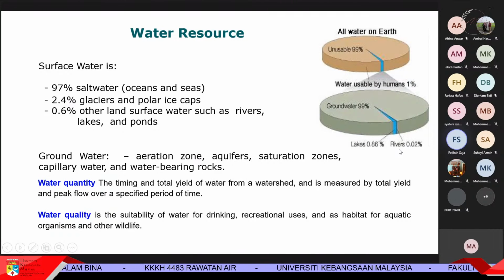Most of our available water is groundwater. Surface water is 97% salt water, oceans and seas, 2.4% glaciers and polar ice caps, and 0.6% other land surface water such as rivers, lakes and ponds.